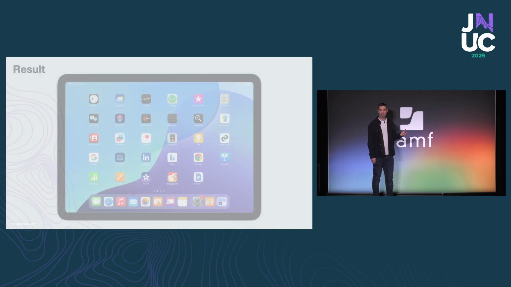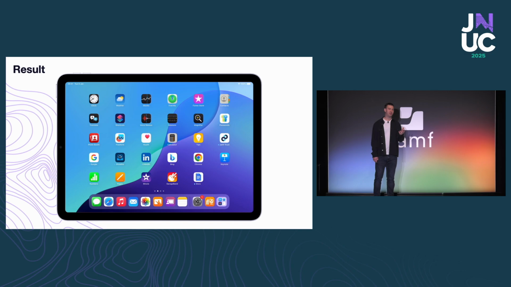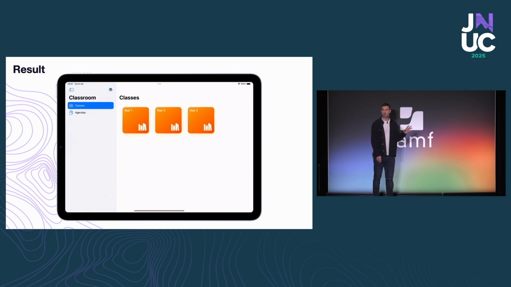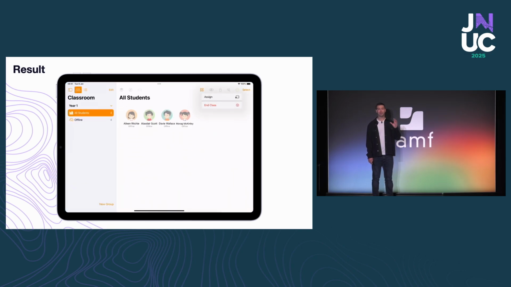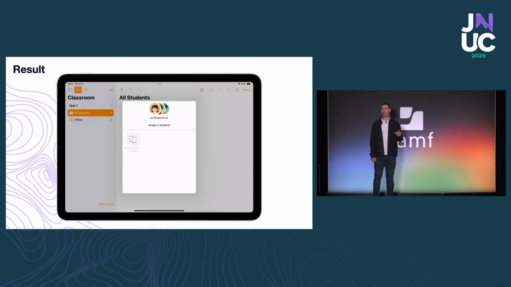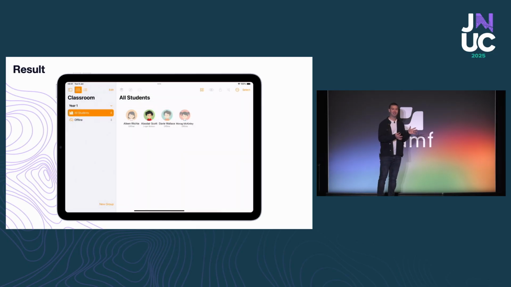Well, from a teacher experience, if we go into their iPad, we're going to start with Apple Classroom. And one of the best features, I think, in Apple Classroom is you've got this option to assign iPads to students, which means if you've got that cart of iPads, you can have Apple Classroom automatically assign a user to the iPad, so when they pick it up, it presents them with their name.